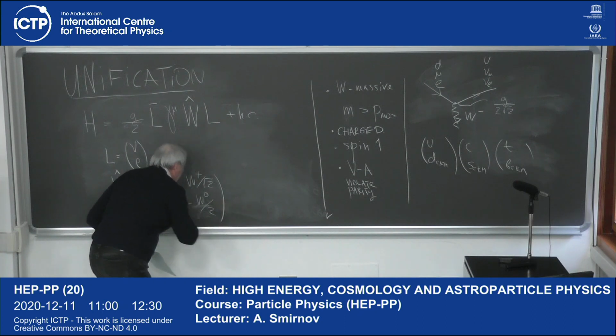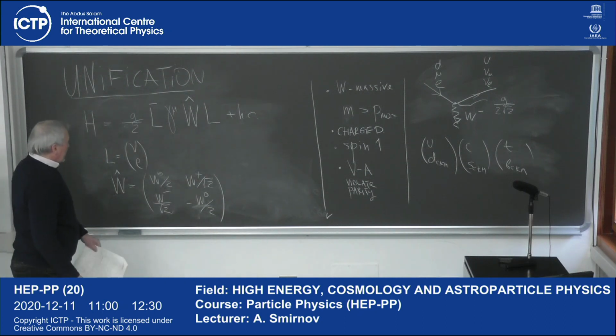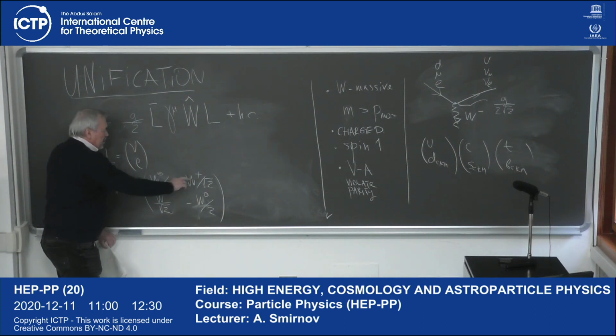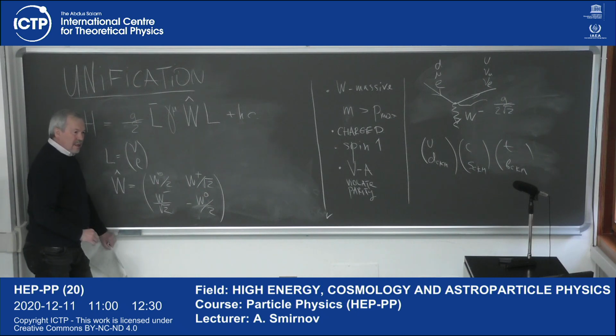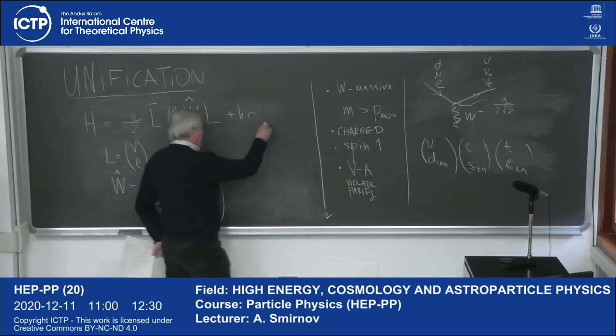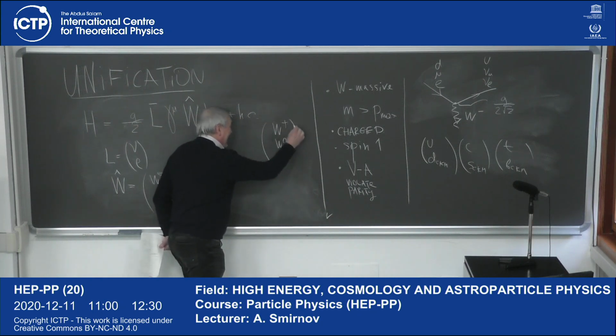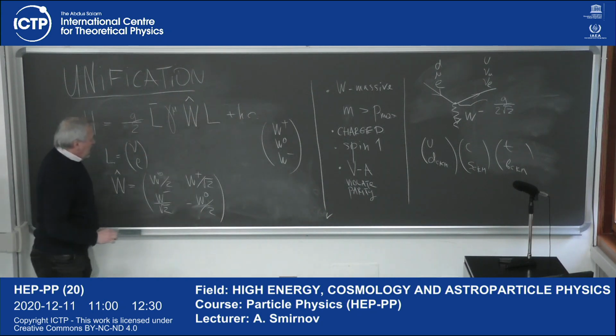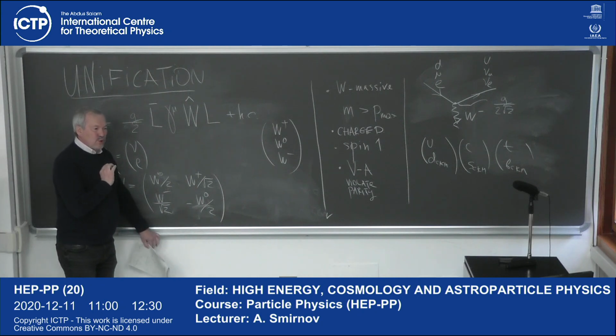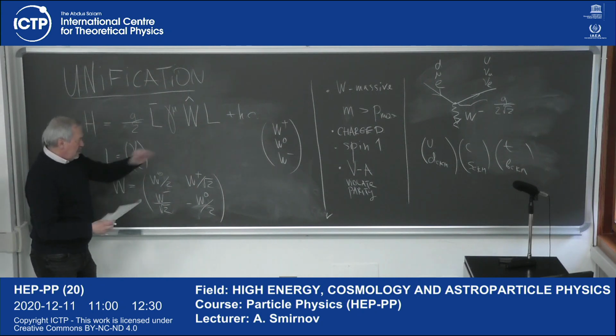These are W plus and W minus. This is the neutral component of the triplet, so I'm considering the triplet W plus, W0, W minus, before I introduce the photon. And this is the matrix.